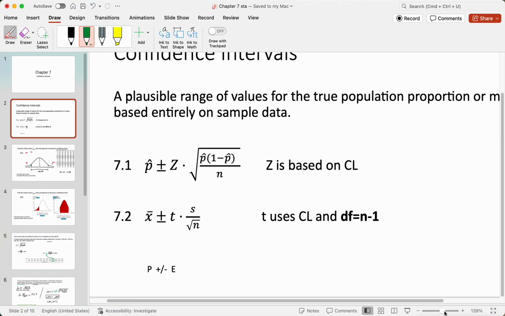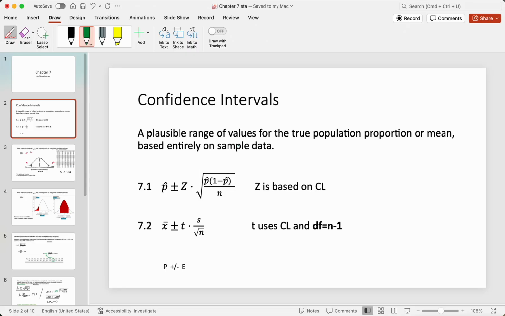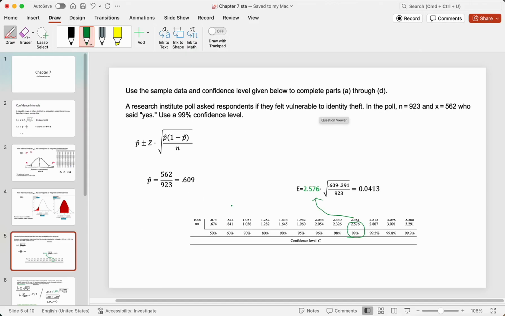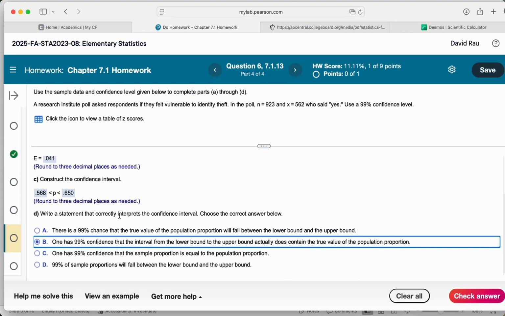It's that if I've formed a confidence interval, then I have formed a plausible range, so everything from the lower bound to the upper bound, for the true population proportion. And the only thing there is we add this one little additional statement that we must say that we are 99% confident that I found the true value within the range.